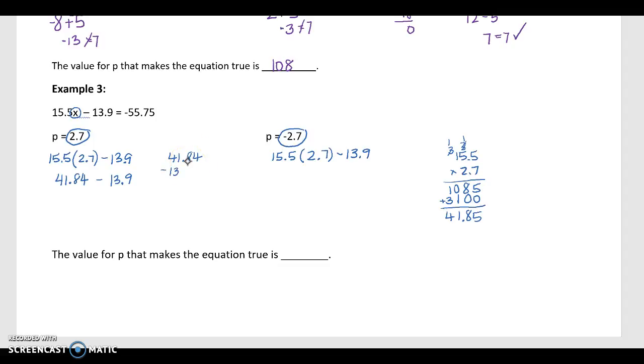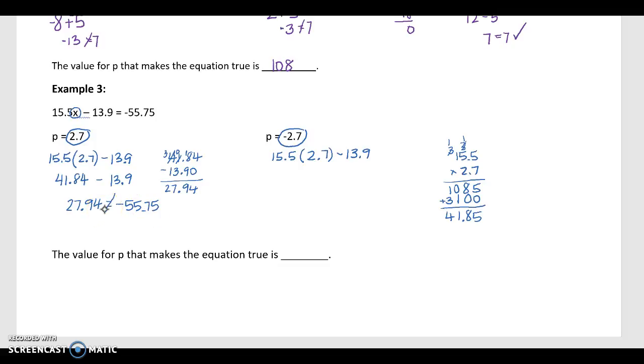But I'm going to go ahead and subtract just to have an answer for us. 4 minus 0 is 4. 1, 0, we have to borrow. 9 is 18. 0, 3, 10, 7, 2. So 27.94 is not equal to negative 55.75.